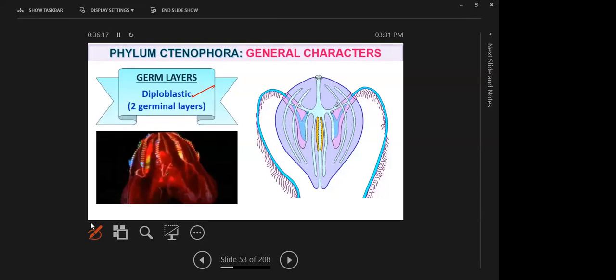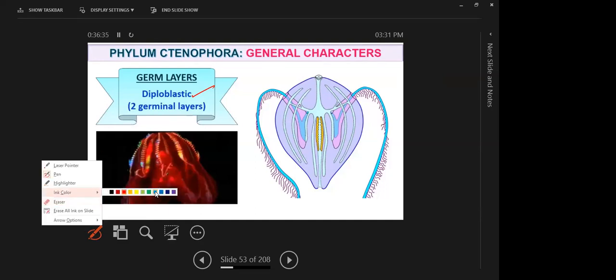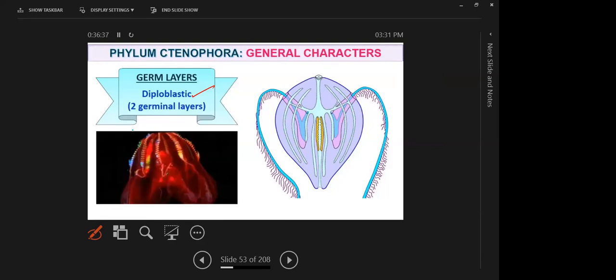So what is there in the center? No mesoderm, so something should be present. Mesoglea, parenchyma cells.